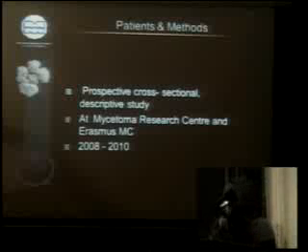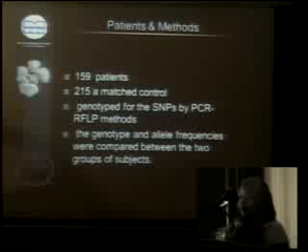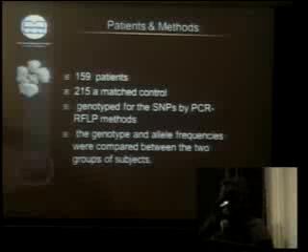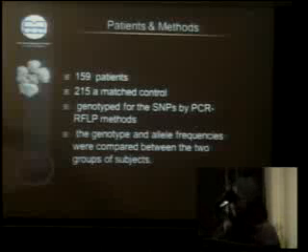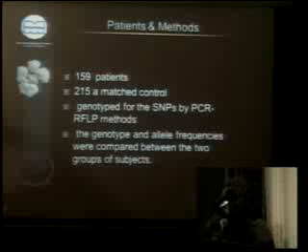This is a prospective cross-sectional study carried out at the Mycetoma Research Center and Erasmus Medical Center. The study included 155 patients attending the Mycetoma Research Center, Soba University Hospital, and 215 matched controls. Personal data was obtained from each patient, including age, sex, duration of the disease, and size of the lesions.